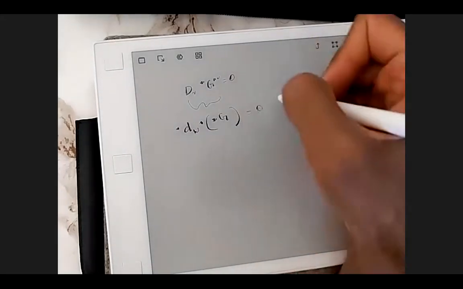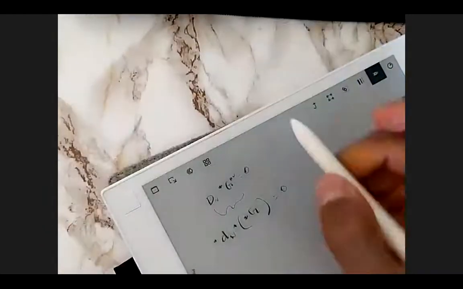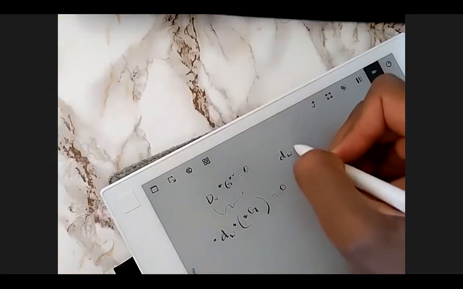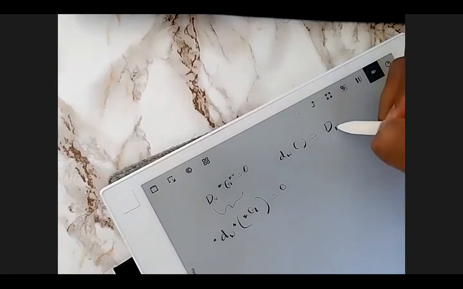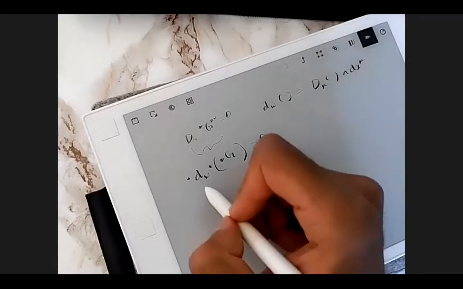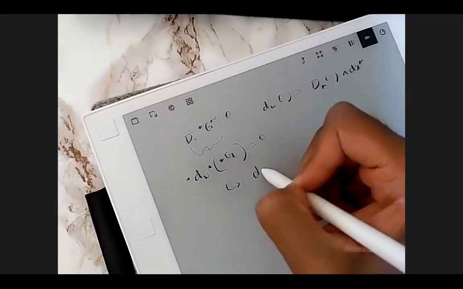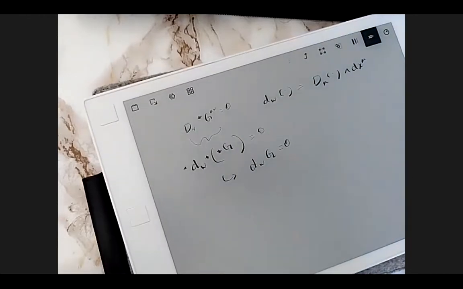Sorry about that, I should explain that the action of d sub W on something is given by d mu of something, wedge dx mu. So again, this implies that d_W G equals 0. The same exercise.